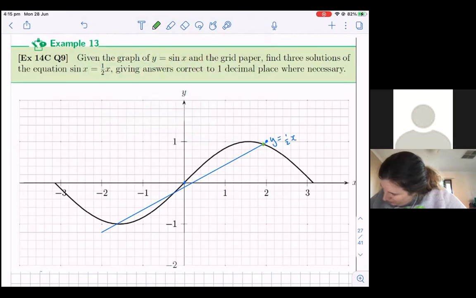We've got 1, we've got 2, and we've got 3. So this one is x equals, I'd say, 1.9. This one, x equals negative 1.3. And this one, I'd say x equals, that's really close to negative 1.6.